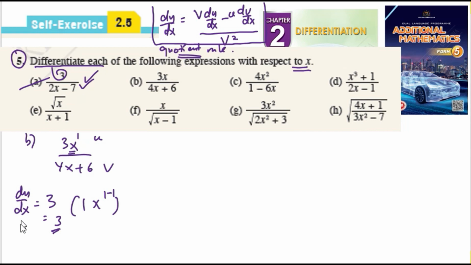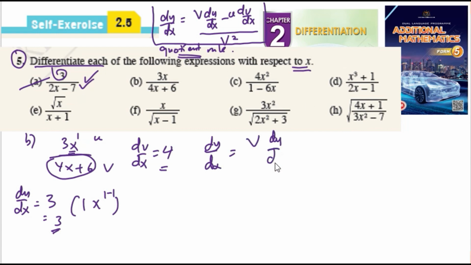So that is du over dx, and then dv over dx. We see here v is equal to 4x plus 6, so we differentiate one by one. 4x we get 4, and 6 we get 0. So this is du over dx and dv over dx. So dy over dx is equal to v du over dx minus u dv over dx, divided by v squared.